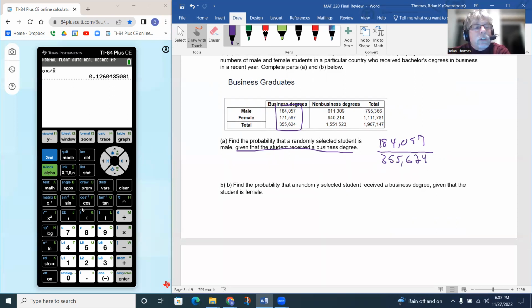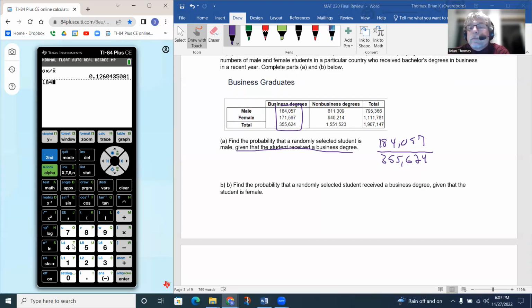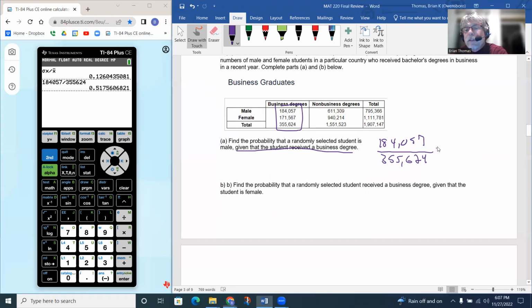I'm not really sure how they want the answer in my lab. One way is if I type in 184,057 and divide that by 355,624, hit enter. It could be a decimal rounded to maybe the thousandths place.